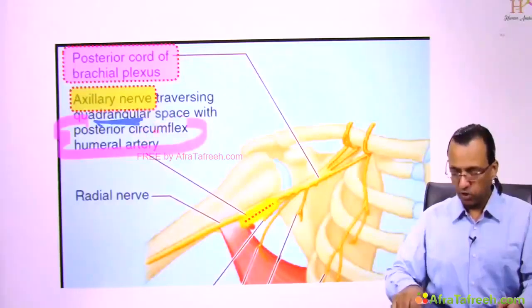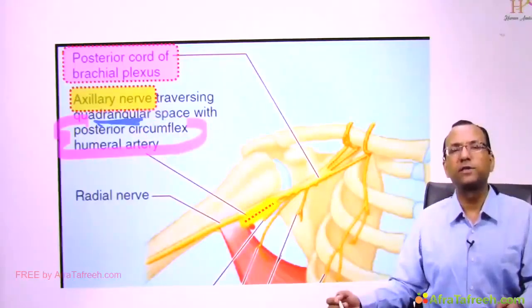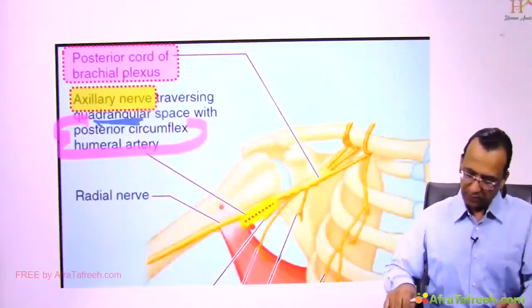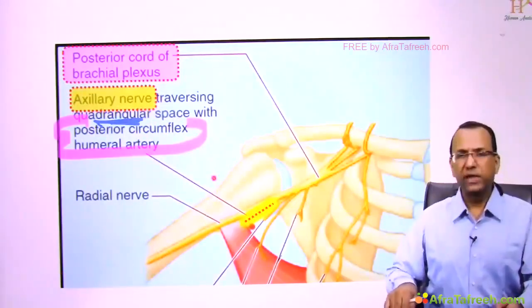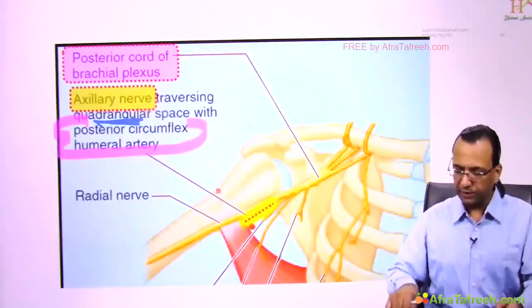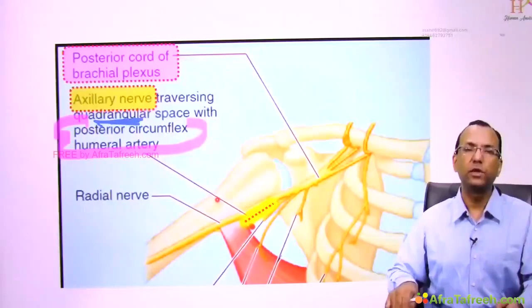Both are in the quadrangular space, then go to the surgical neck of the humerus. What is the importance? If the surgical neck of the humerus is fractured, the axillary nerve is damaged and two muscles are paralyzed: the deltoid and teres minor.